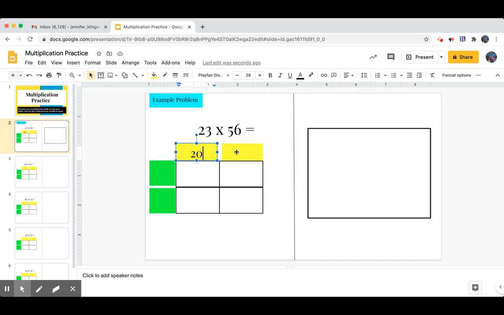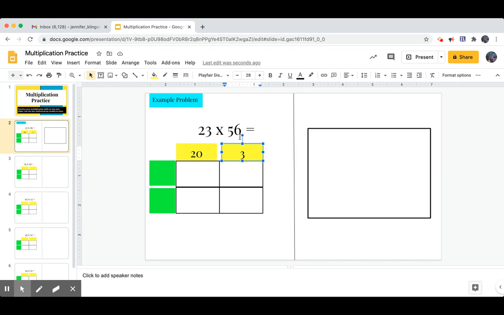So I've put that in there. Now, looking at 23, I'm going to look at the 3. Since I know it's in the ones place, the value of the 3 is 3. So I've double clicked, I have my blinking cursor in here, and then I'm going to put the number 3. Now I've expanded out 23 into 20 and 3.